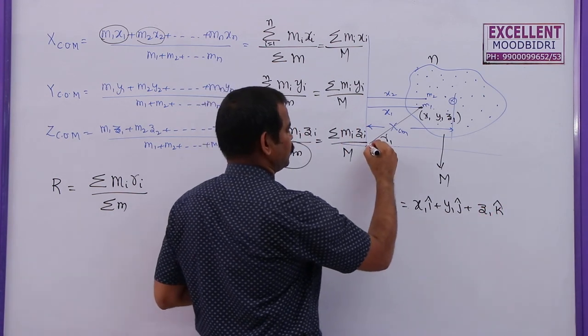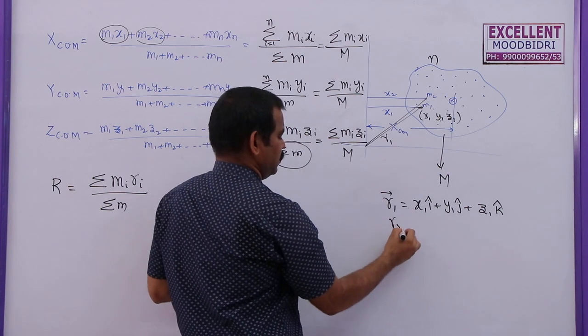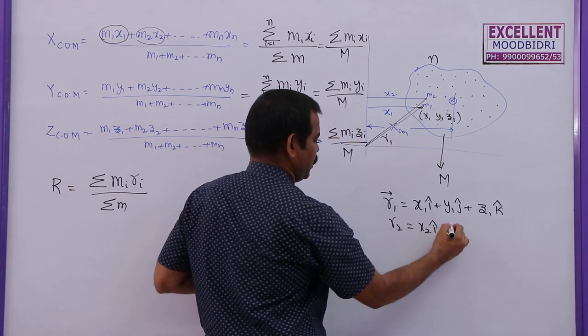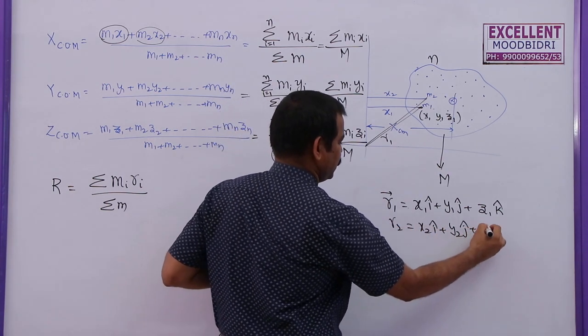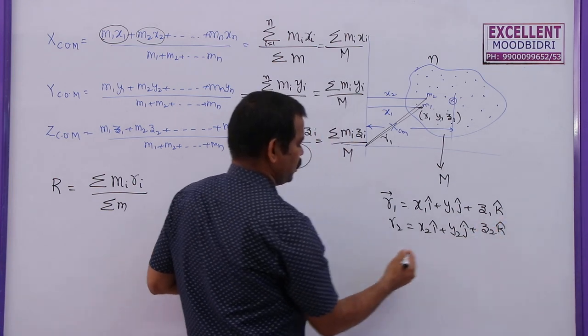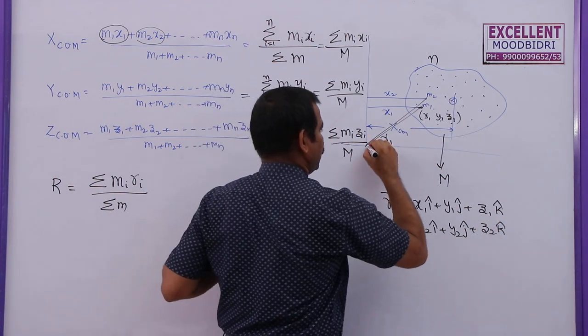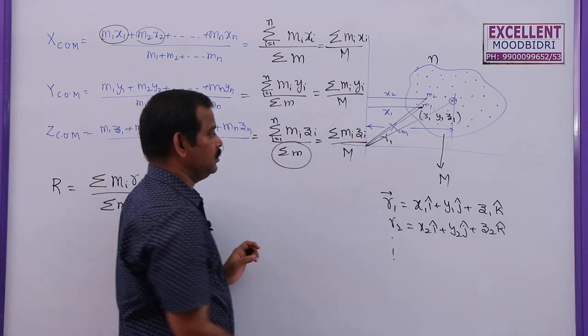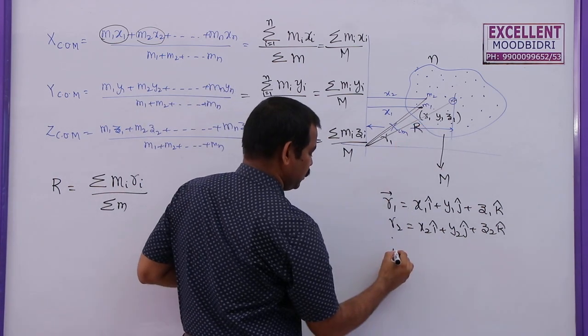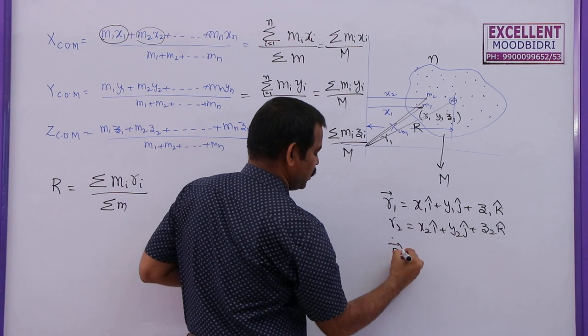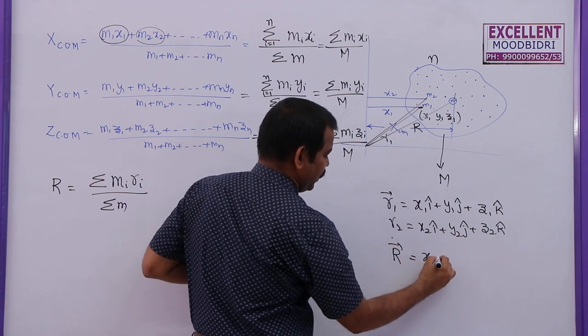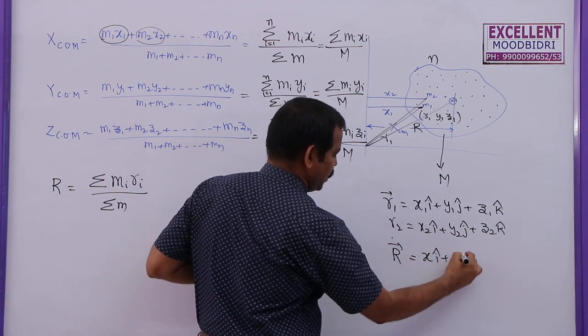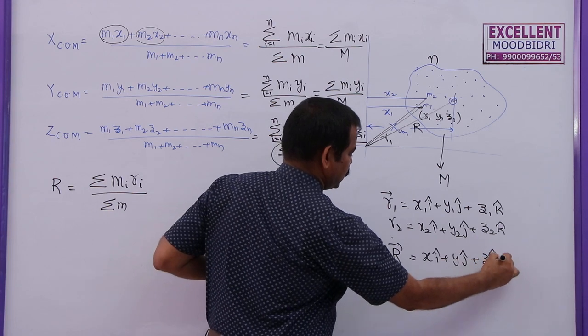Similarly, r2, the position vector of the second particle, is like this: x2 i cap, y2 j cap, z2 k cap. Similarly, the position vector of the center of mass is denoted by the letter capital R. So, capital R bar is given by x i cap plus y j cap plus z k cap.